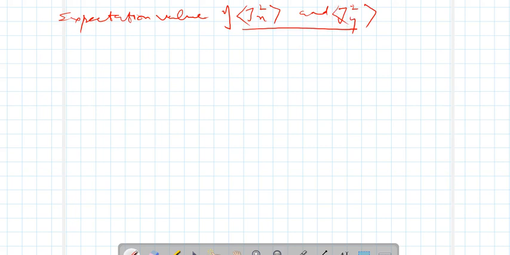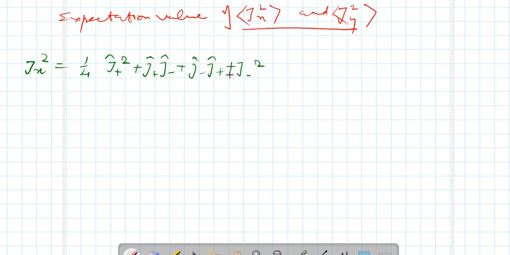So let us proceed as follows. As we know, jx square can be written as 1 by 4 (j plus square plus j plus j minus plus j minus j plus and j minus square). This is equation number 5.